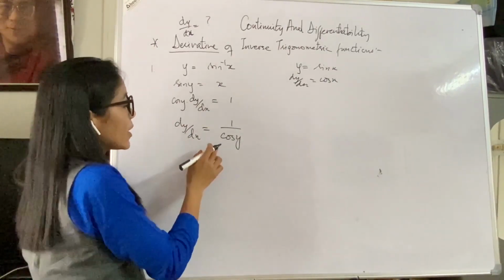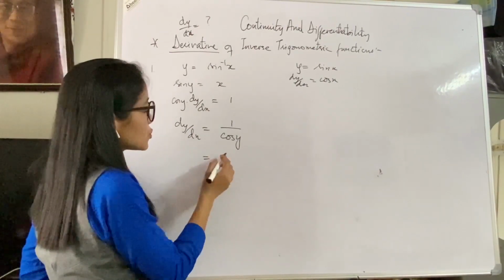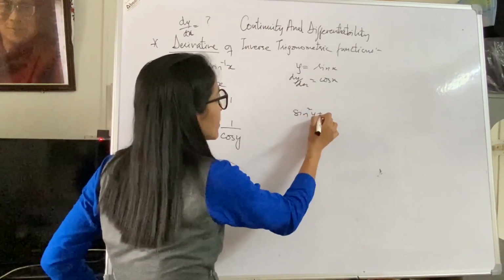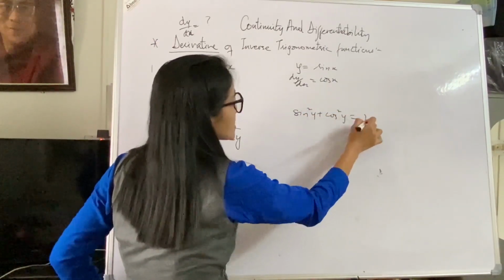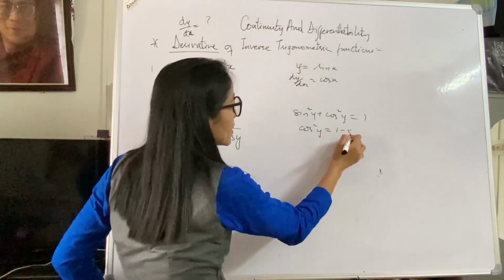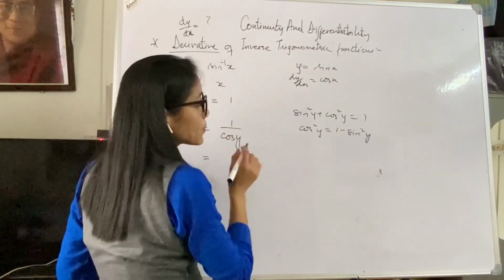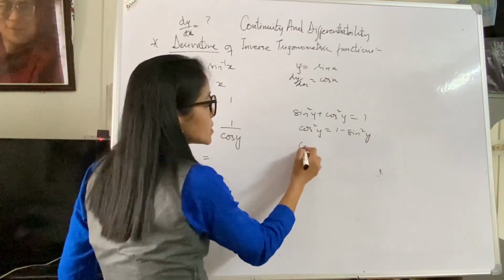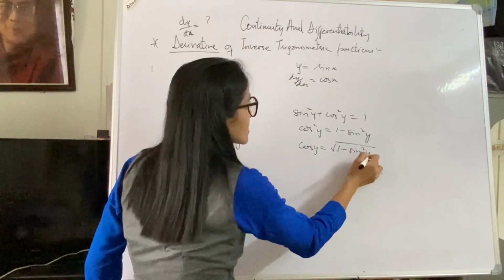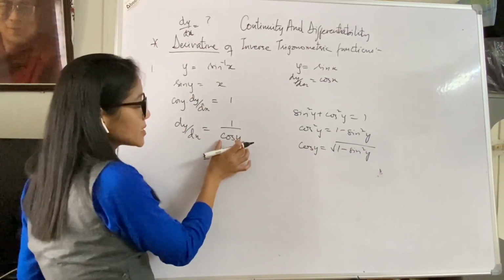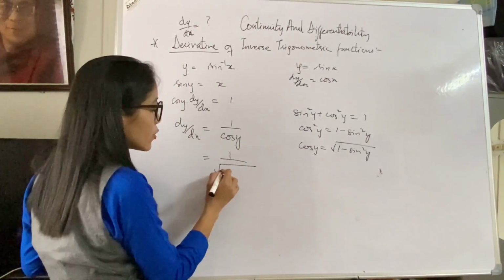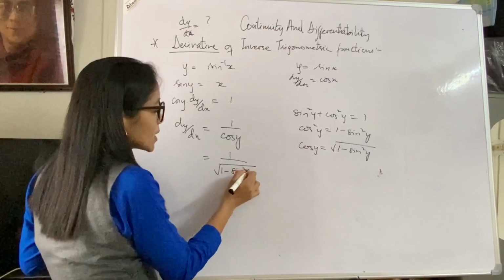Now you have sin square y plus cos square y is equal to 1, right? So we have cos square y is equal to 1 minus sin square y. Taking square root on both sides, cos y is equal to square root of 1 minus sin square y.